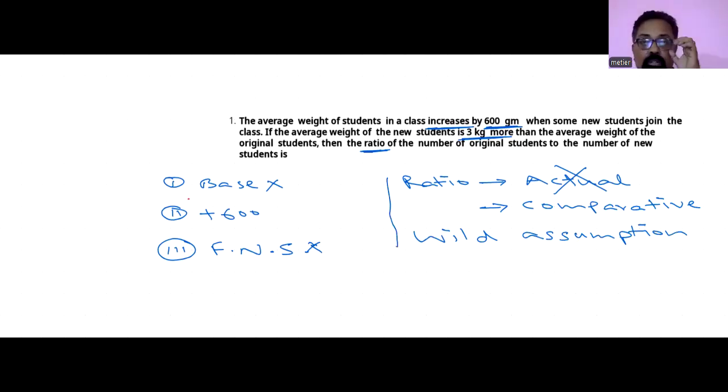So in this question, what do we need? We need the ratio of original students to new number of students.